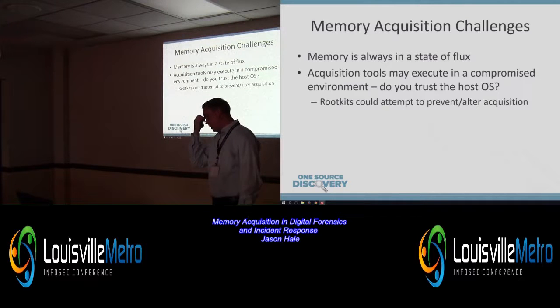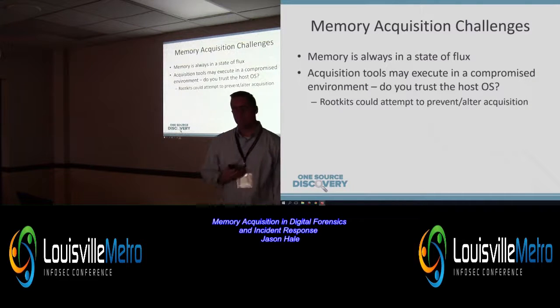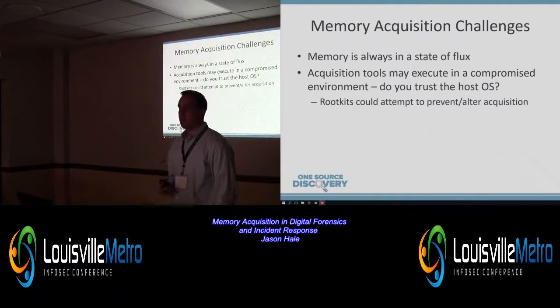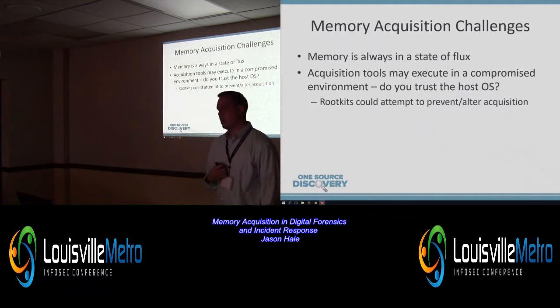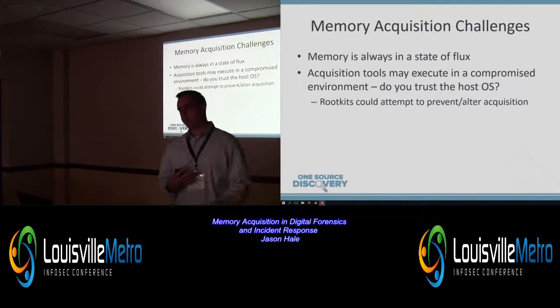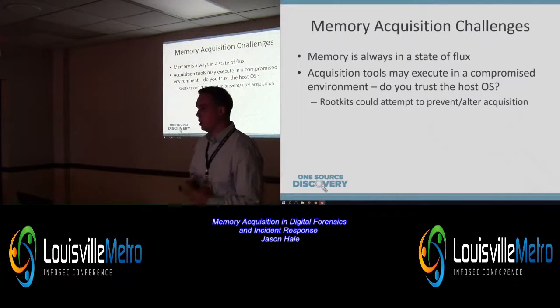We also end up seeing that the acquisition tool will, in many cases, and this is specific to any type of acquisition tool you're running, be running in a compromised environment, or may well be running in a compromised environment. So if you are doing a memory acquisition, chances are you suspect something is going on with that system, whether you suspect a malware infection or whatever the case is.